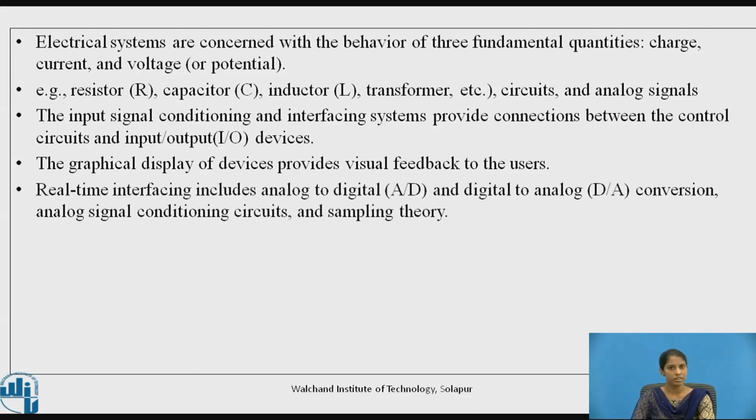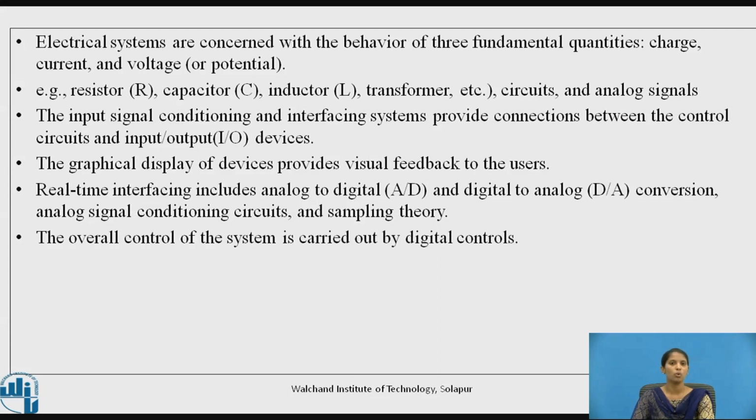The real-time interfacing includes analog to digital converters, digital to analog converters, and signal conditioning circuits and sampling theory. The overall control of the system is carried out by digital controls. Figure number 5 shows analog to digital converter.